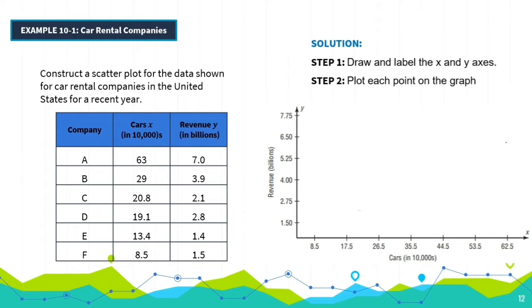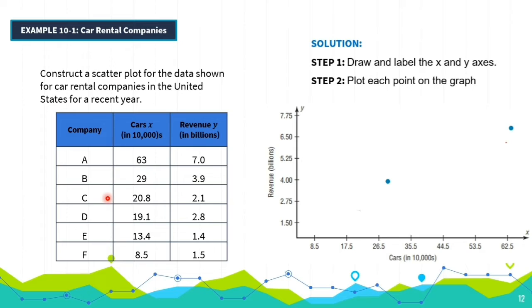For Step 2, plot each point on the graph. First, for company A, the x-value is 63 and the y-value is 7.0, and this is the point. Next, for company B, x is 29 and y is 3.9, and the point is this.